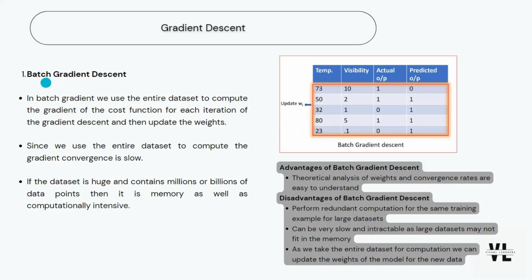So in the case of batch gradient descent, we use the entire data set to compute the gradient of the cost function for each iteration of the gradient descent and then update the weights. So we basically send all of the data at once and we compute the gradients.